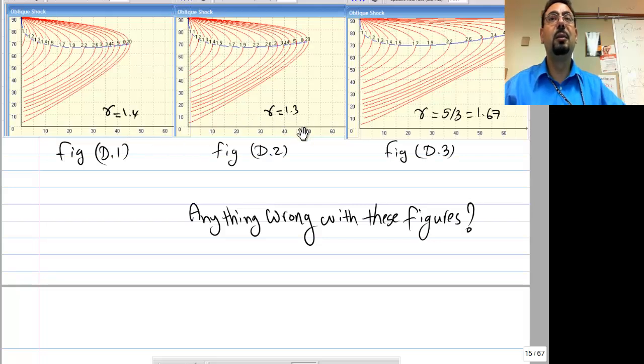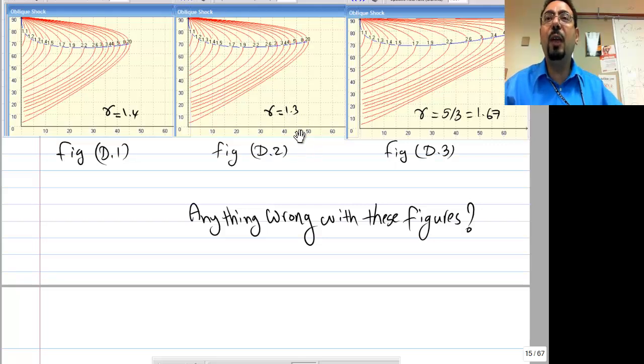So 1.4, 1.3, 1.67. Because 1.67 actually needs to be on this side.